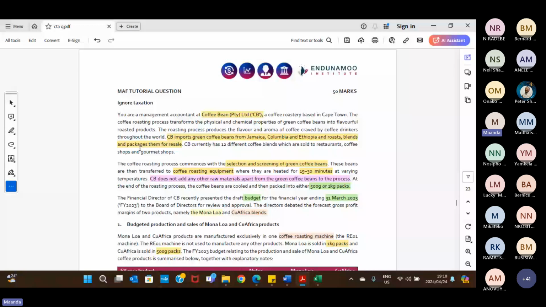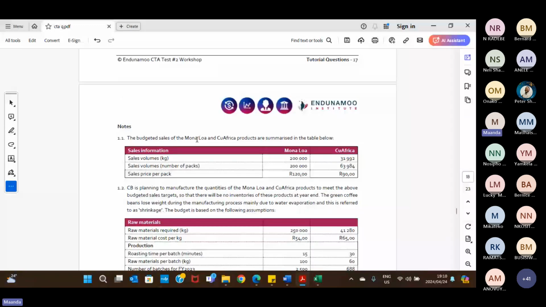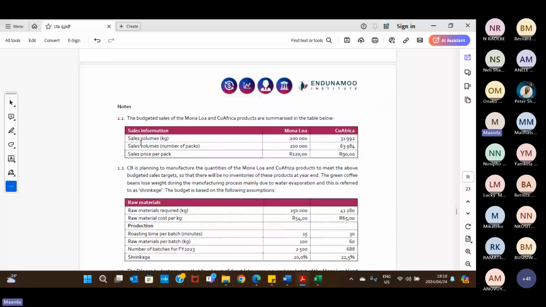So 1.1 tells us that the budgeted sales of M and C products are summarized below. So the sales volume per kg, and I know I sell 1 kg as a pack, so it means that my units per kg are 200. So that's fine, right? It's 200 packs. I sold 200 packs, which is 200 1 kg, which will give me 200,000 kg, same as this one.